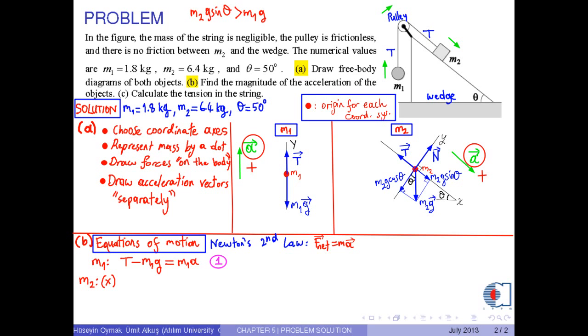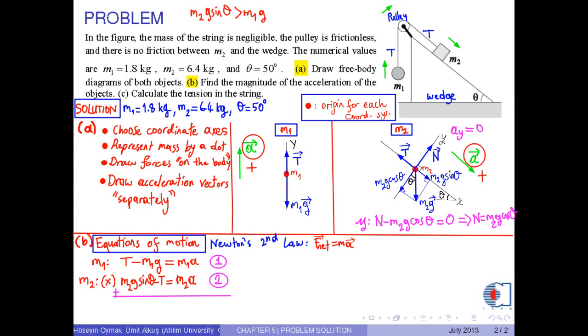Then the net force along the x-axis becomes m2 times g times sin theta minus T, which is equal to m2 times a because of Newton's second law. Also, since there is no motion along the y-axis, we take the acceleration as 0. Then, by Newton's second law, we get N equals m2 times g times cosine theta.